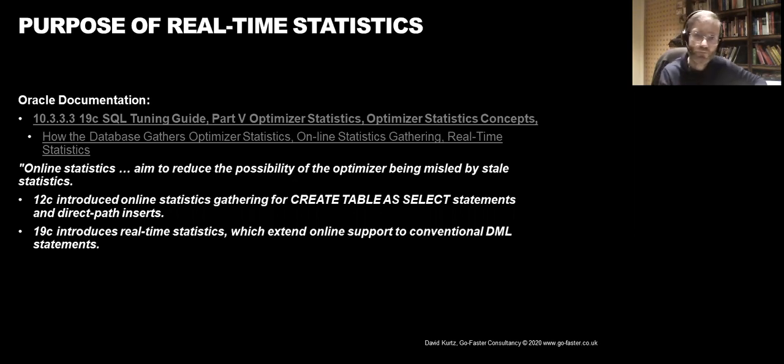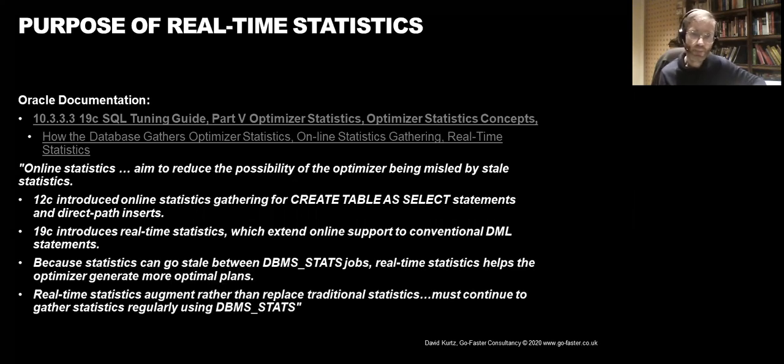Of course, the create table as select collects statistics on non-Exadata as well as Exadata. The reason for doing this is because stats can go stale as an application comes along and updates the table. So we get better plans that better reflect the data as it changes.